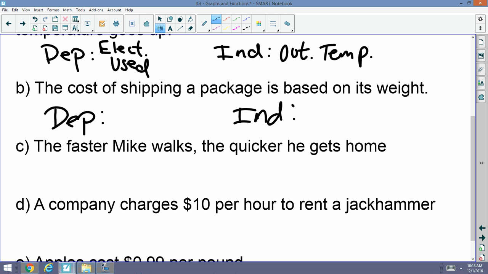The weight is independent, actually, because I can choose to send a card, which is going to weigh less than an ounce, or I can literally choose to send you a huge basket with fruits, right? And chocolates, and that may weigh 3-4 pounds. The cost of shipping is dependent, because the larger the package, the higher the cost.